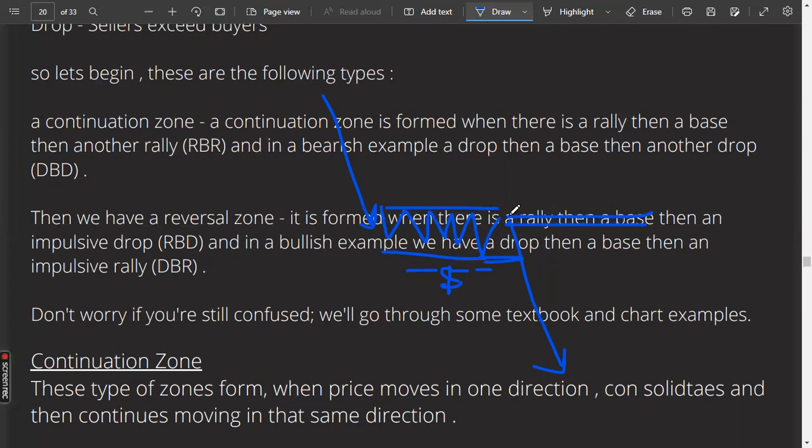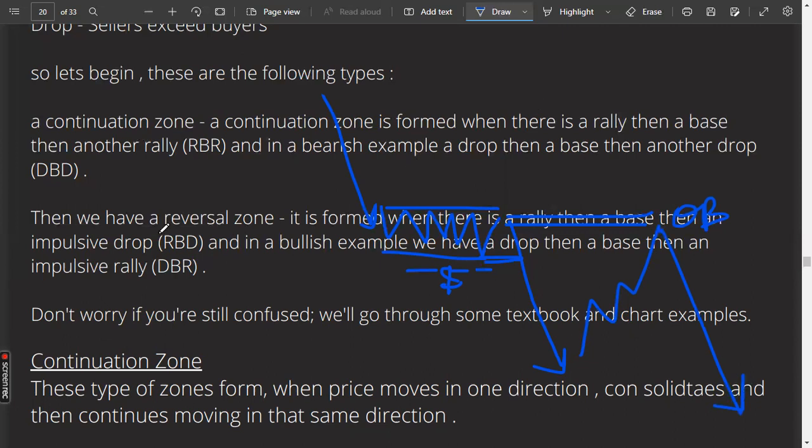Somewhere here where there's this movement that took out liquidity and broke structure. We can actually see liquidity here and also break of structure, okay? So this is our order block here. So we are waiting for the retracement, okay? Then we can sell, okay?